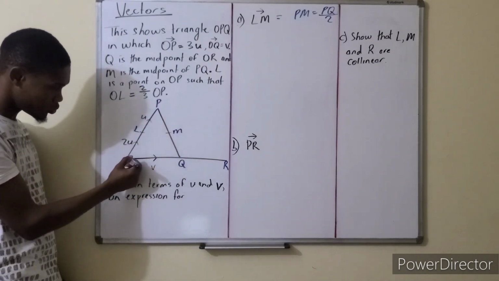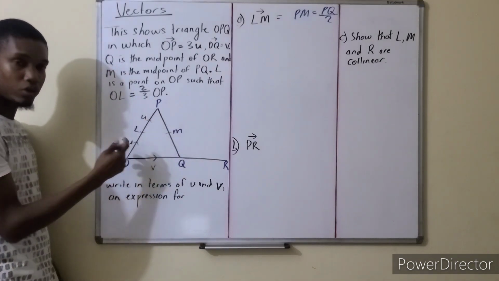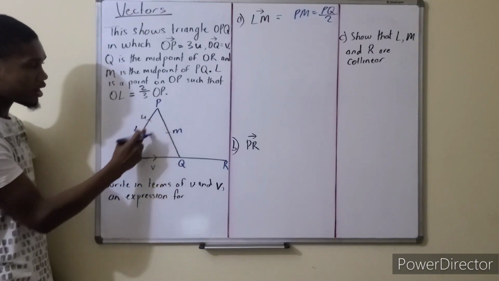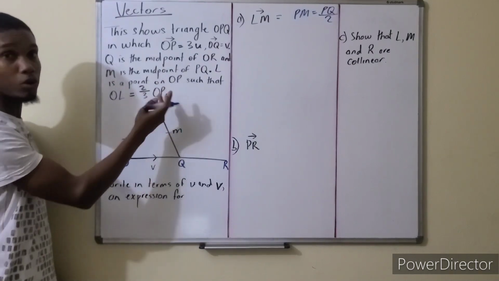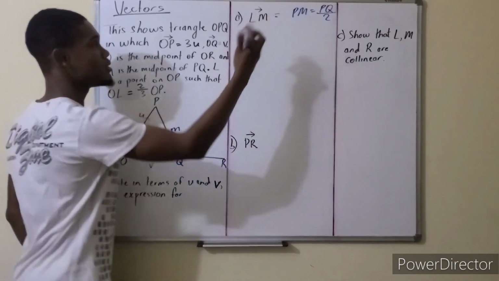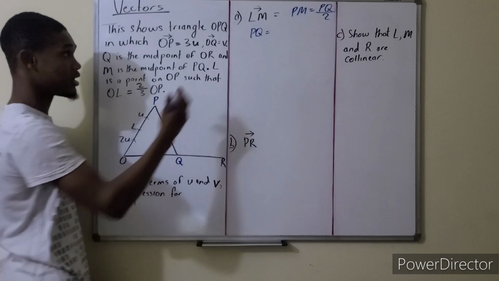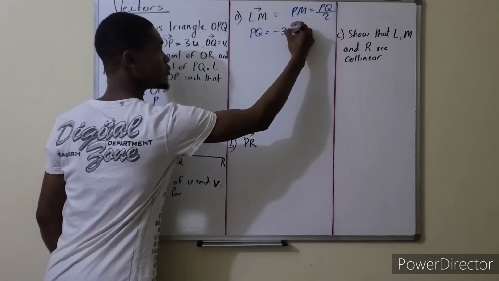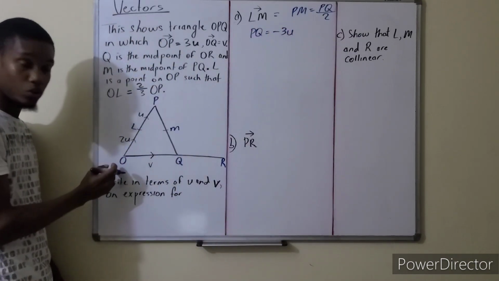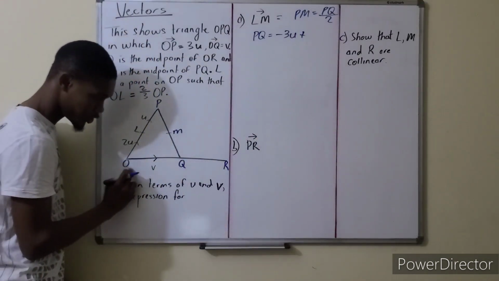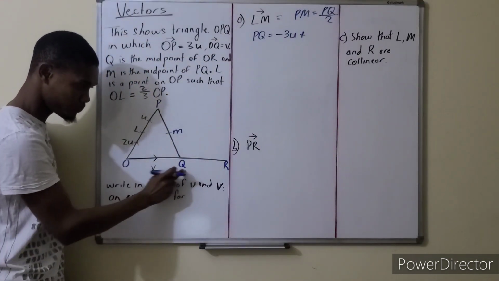You come all the way down, so that's a U, a U, a U. That's 3 U's that you would have passed through. Now, the arrow is showing that you should be going up, but here you are coming down. So it means that PQ is equal to negative 3U, because it's coming down, plus, so let's continue the journey. Now you come across from O to Q, which is V.